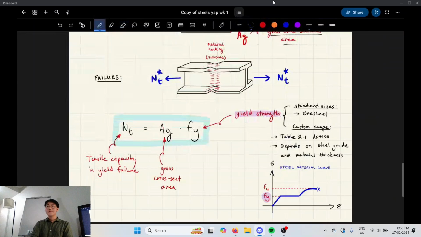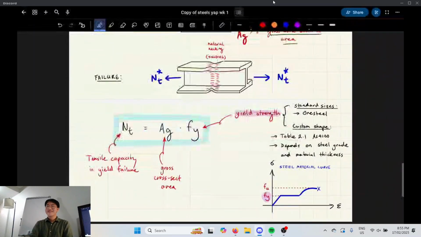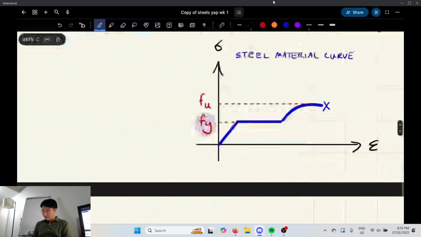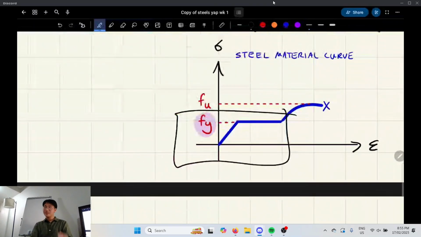Wait, can I ask a stupid question? No such thing, that's my filter. So why do you have to do Fy instead of Fu? Essentially, Fy is to do with yield failure, and once we've reached this point, we consider the steel to have failed, right?